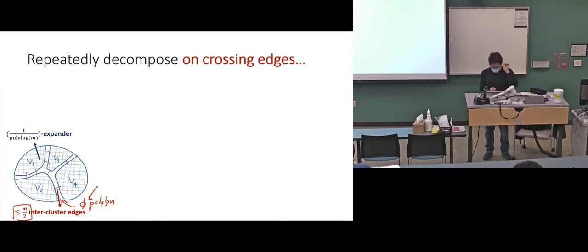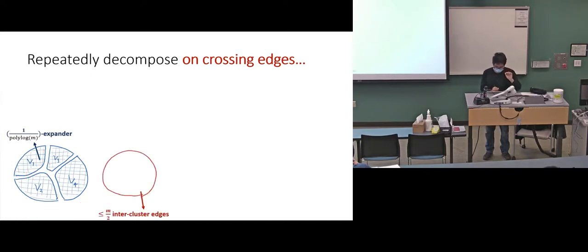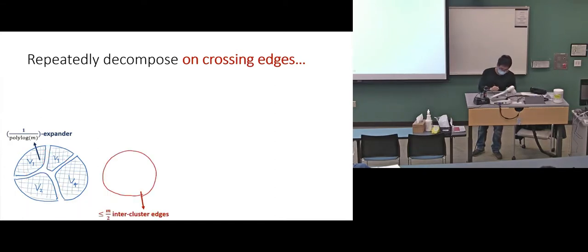Now comes the important step. What if I look at all the intercluster edges, the red ones here, take all the edges there, and look at the graph induced by these red edges? So this is just a graph induced by these m/2 edges.